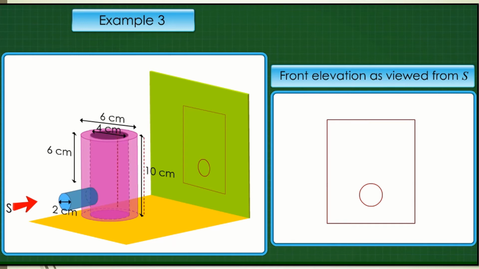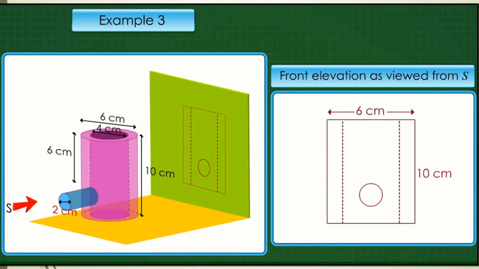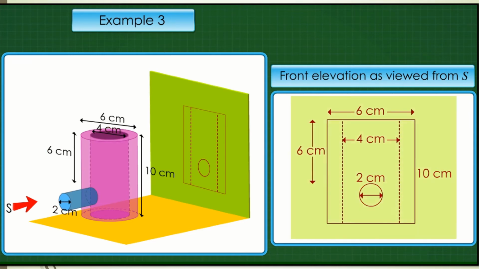Next, draw the hidden sides by using dotted lines. Here, we see that two sides are hidden, which are the sides of the inner cylinder. The last step is to include the length or the dimension of the image of the object on the diagram. Hence, this is the front elevation of the object as viewed from S.